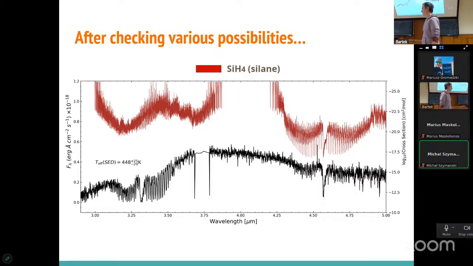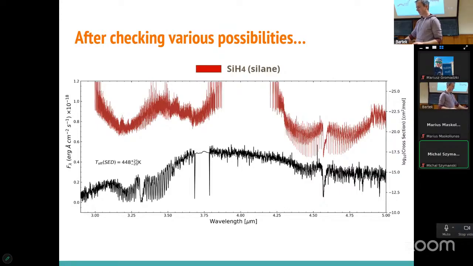So it was quite surprising, because we did not see this molecule in any object before. I mean, any brown dwarf that was observed, or even in the solar system, for example, in Jupiter. This molecule is not seen.